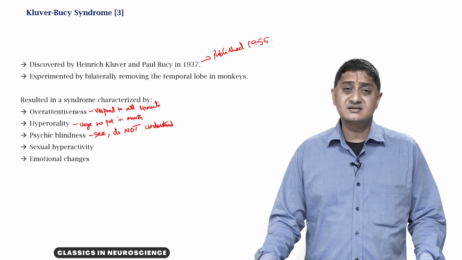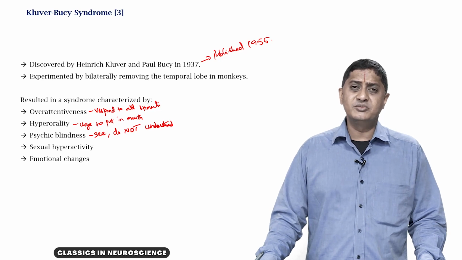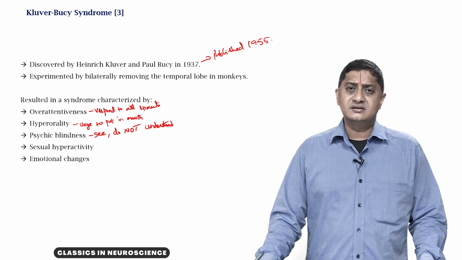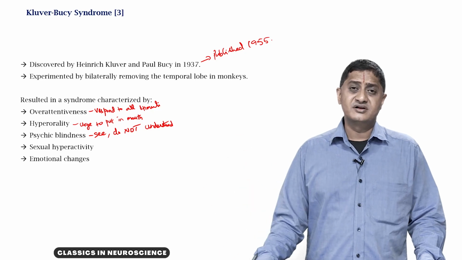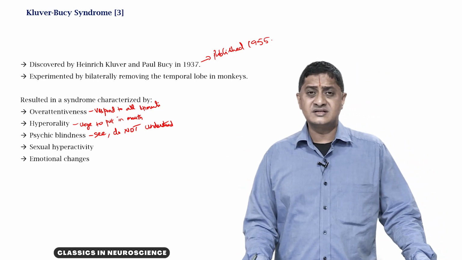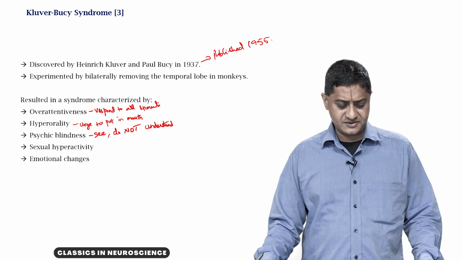So, they see the lighted match or a sharp object, but they are not able to connect a meaning to what this could cause or look at a possible harmful consequence of this stimulus. So, they call this psychic blindness. They can see but cannot really understand.